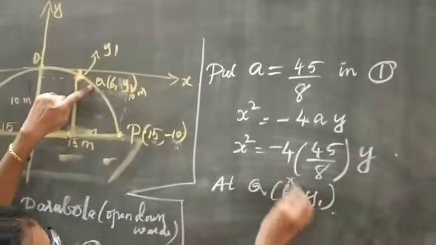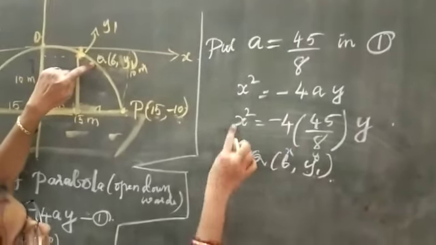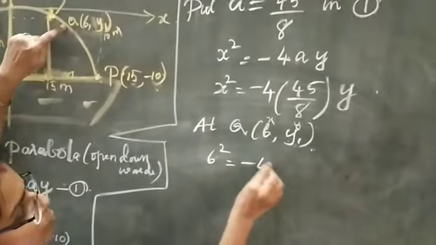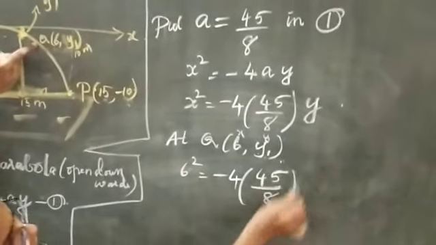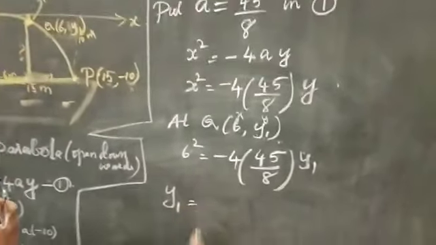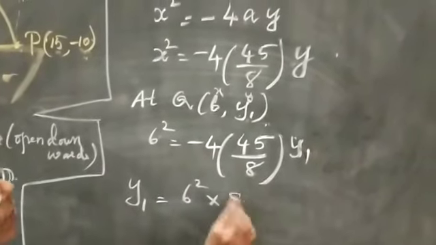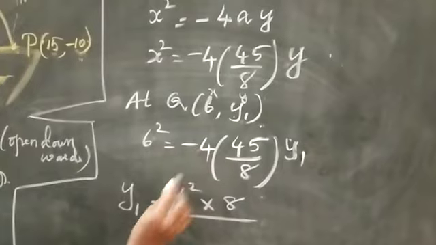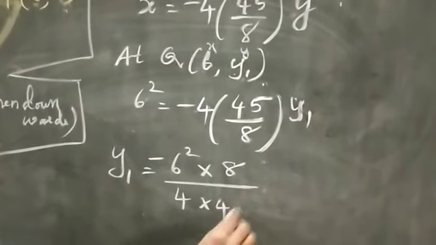So, in the place of x, substitute 6 and in the place of y, substitute y1. So, we have 6 square which is equal to minus 4 into 45 divided by 8, into y1. y1 நாம ஒரு side assume பண்ணலாம். 6 square into 8, bring it here, divided by, இங்க minus இருக்கு. So, minus என்றதை போடலாம். So, divided by 4 into 45.